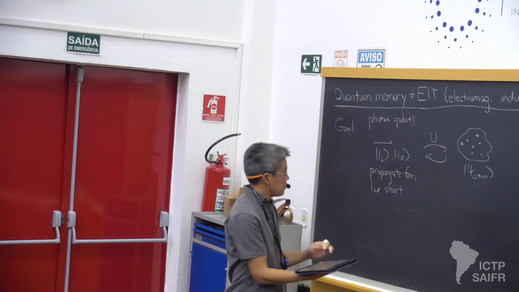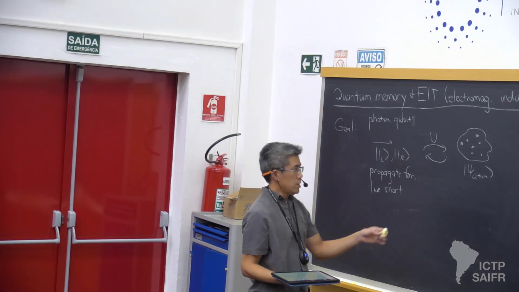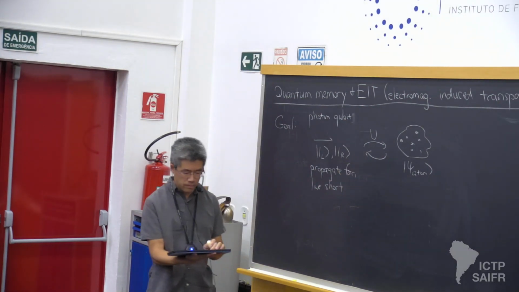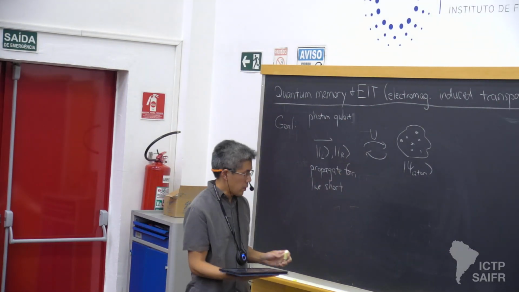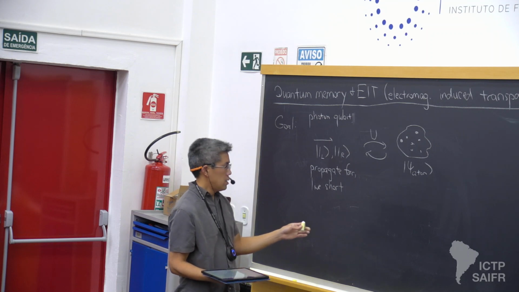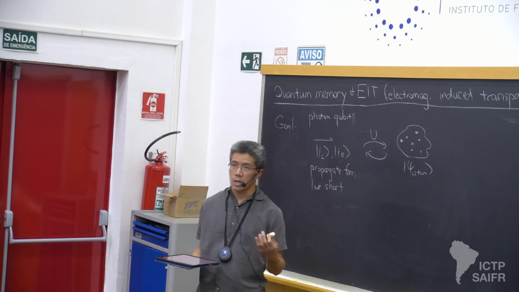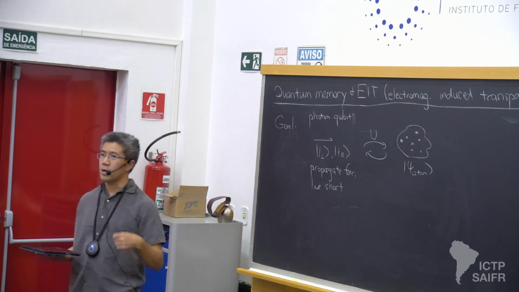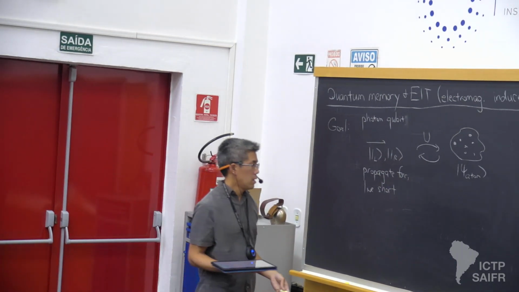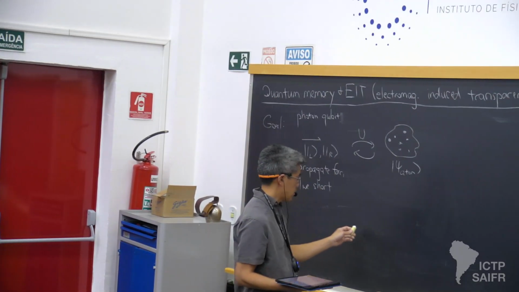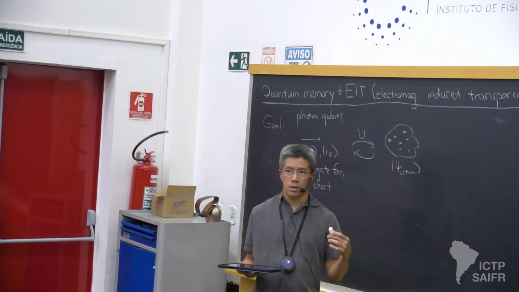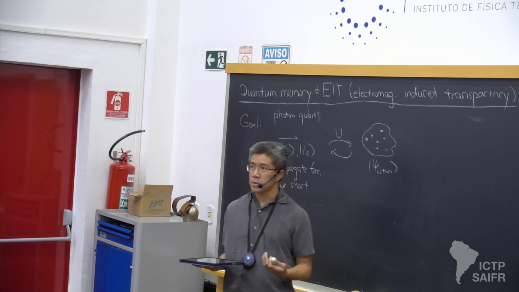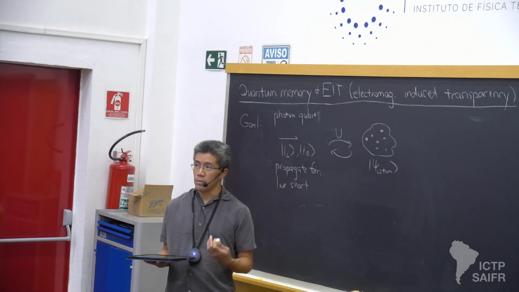Okay, so EIT is just one particular way to implement what I drew here, and the way that EIT works is simply utilizing more realistic atomic structure. So I said my minimal model of an atom before is one ground state, one excited state, and I won't get into the details of the atomic physics, but actually most of the time, if atoms have nuclear spin, etc., you can actually have an entire ground state manifold.